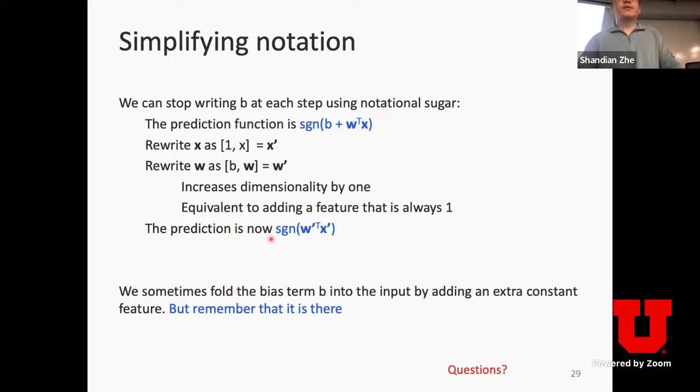But remember, when we use this simplified notation, this bias parameter B is still there. You can view it as adding an additional constant feature 1 in our data. Any question regarding the notation? Okay.